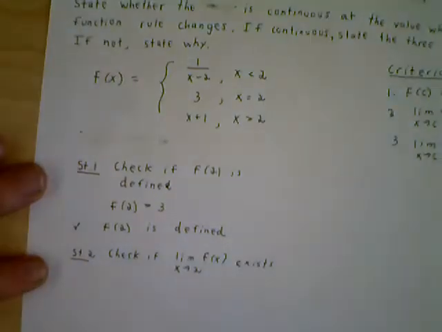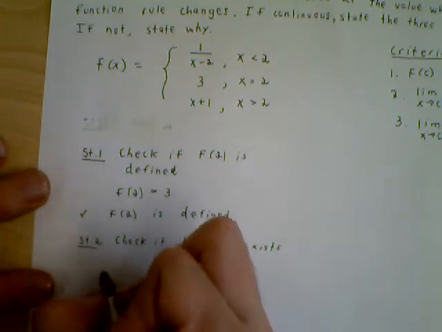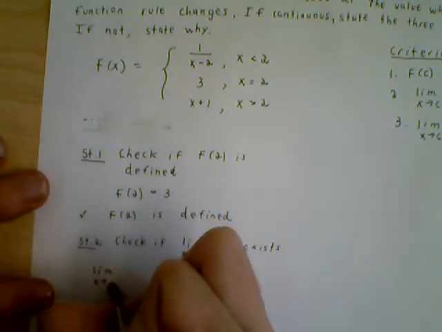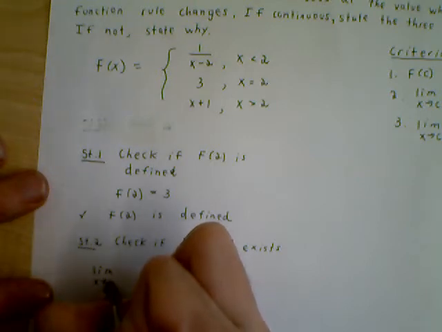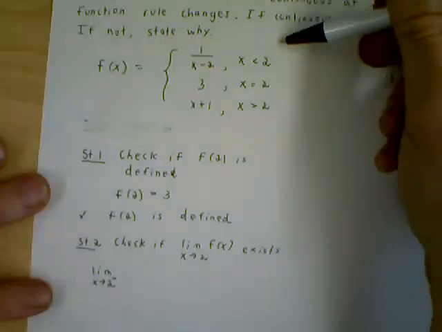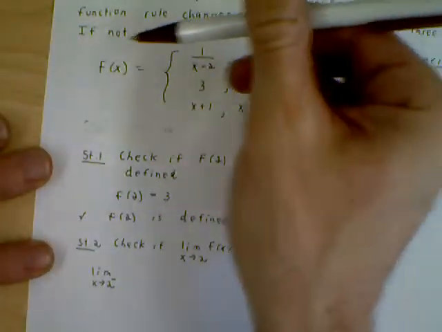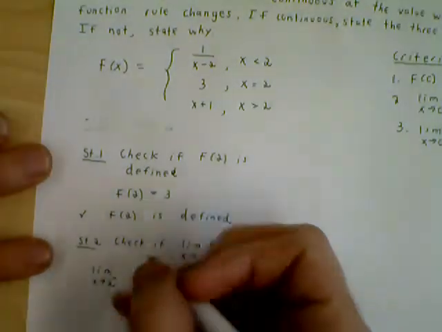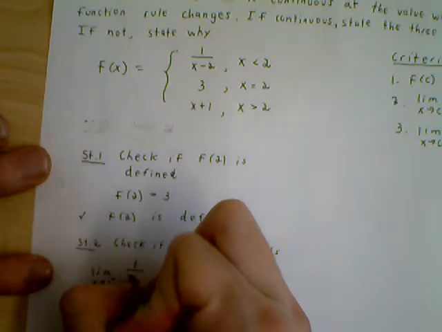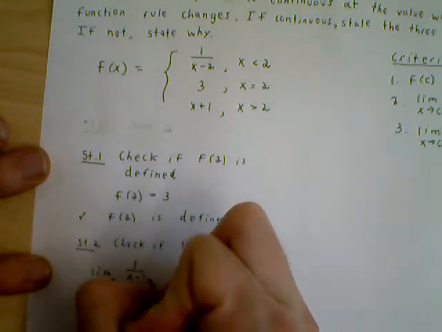Well, to check if a limit exists, I need to check from the left and the right. So first I'm going to check from the left. We're checking as x approaches 2 from the left. Well, I look up here when x is less than 2, that means we're coming in from the left. So I'm going to use 1 over x minus 2.